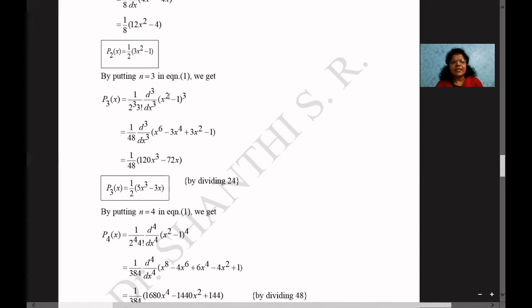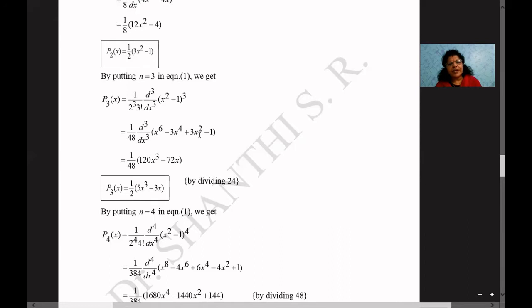The expansion of this is (a minus b) the whole cube, that is a cube minus 3a square b plus 3ab square minus b cube. Expand it, you will get x power 6 minus 3x power 4 plus 3x square minus 1. You differentiate this thrice.